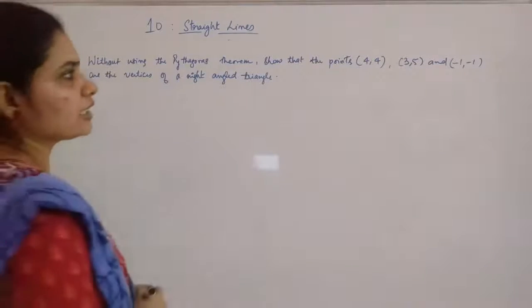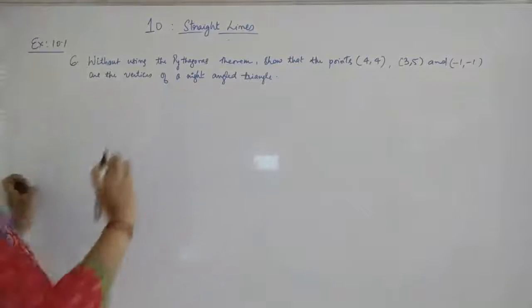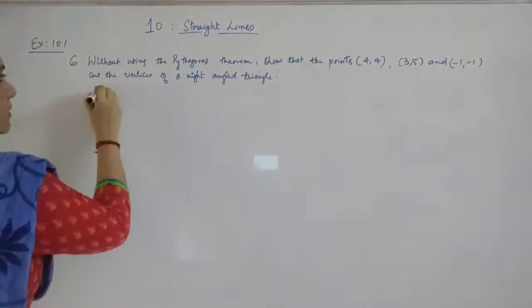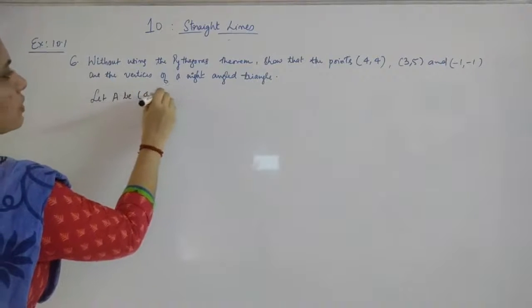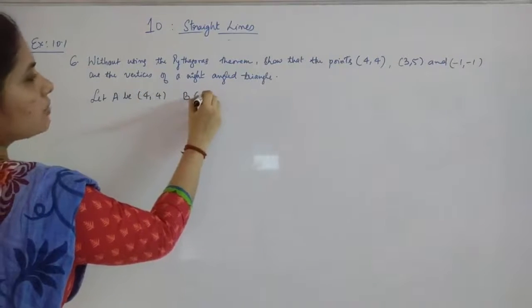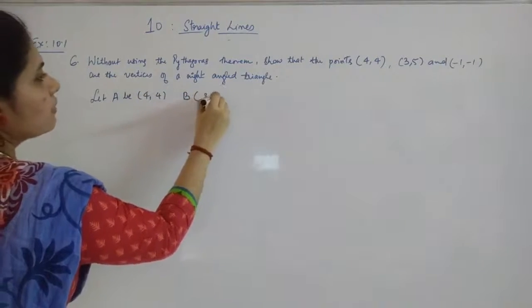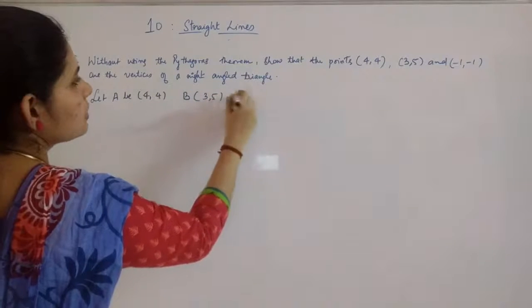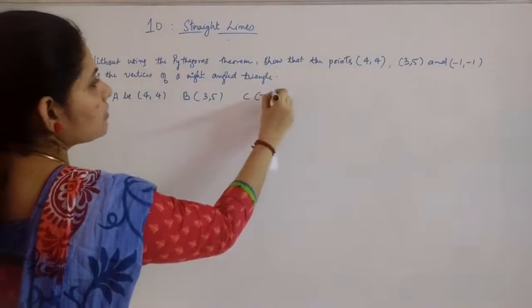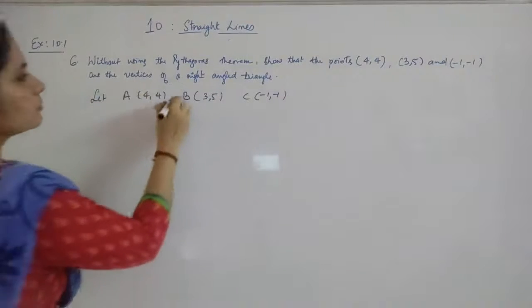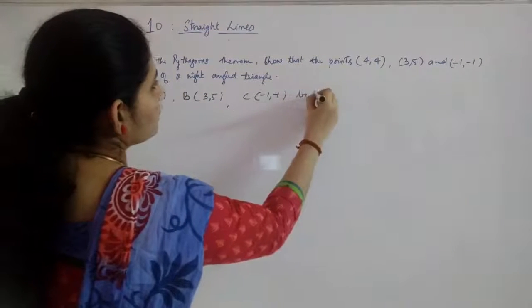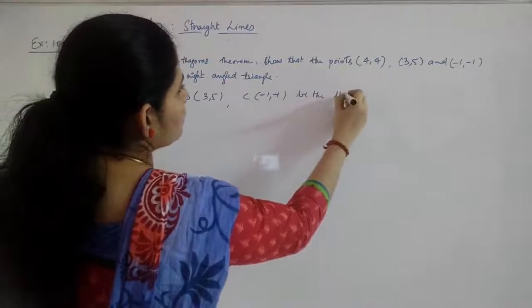So we are taking the 3 points and finding out the slopes of each line formed by them. Let A be (4, 4), B be (3, 5) and C be (-1, -1), the 3 given points.